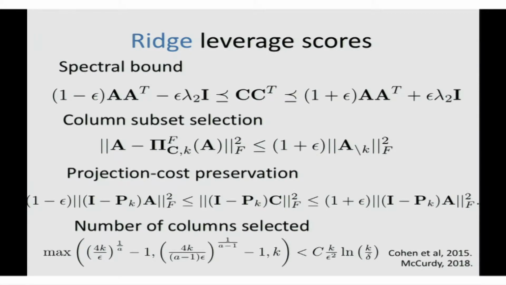And so it satisfies a spectral bound, which is an additive multiplicative spectral bound. And so this gives us nice ordering of our matrices. So here C is the subsampled column matrix. So this gives us orderings on eigenvalues and traces and distances.